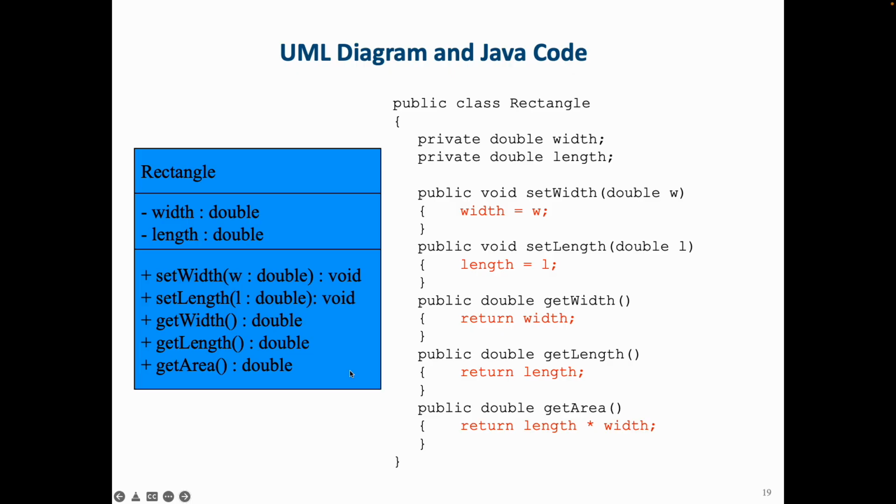I said it. Now, when we are defining a class, an object, we use UML class diagrams to design our project. I have an object, a Rectangle Java file, and I have all these attributes and functions and so on.